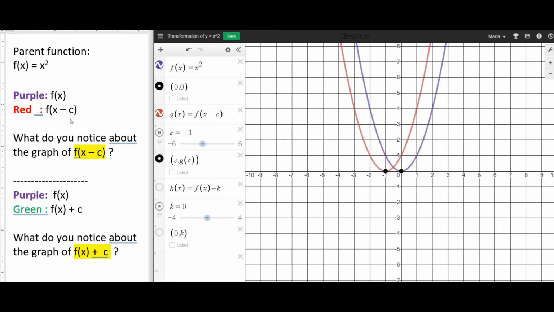Are we changing the input, or the x, or are we changing the function value, or the output? In this case, we are doing something to the x. So the value of x is changing. What we're going to get to in a bit is that horizontal shifts are given by the form x minus c.